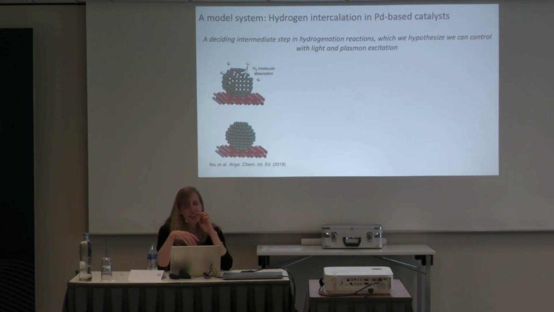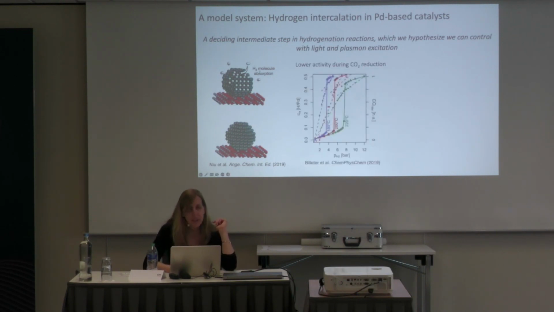What we were interested in a few years ago was studying how hydrogen was interacting with some of these plasmonic catalysts, to use that to control some of those more complex chemistries that I mentioned at the beginning, like acetylene hydrogenation, steel manufacturing, or ammonia synthesis.